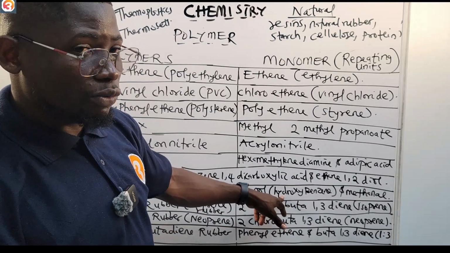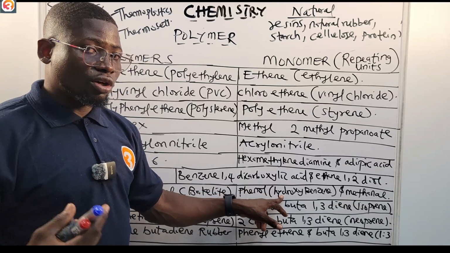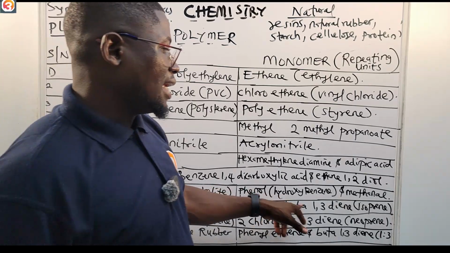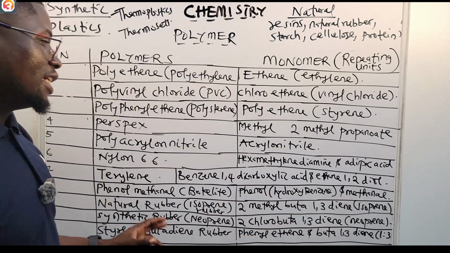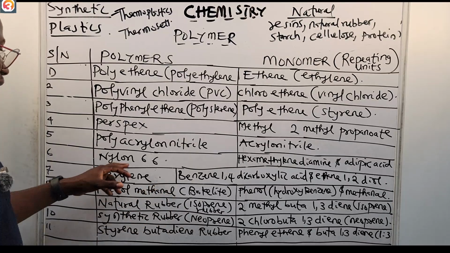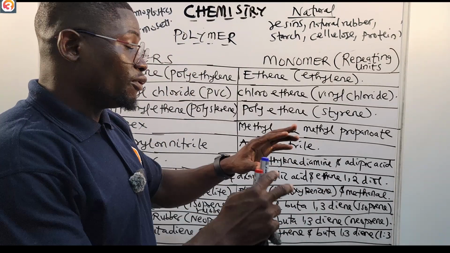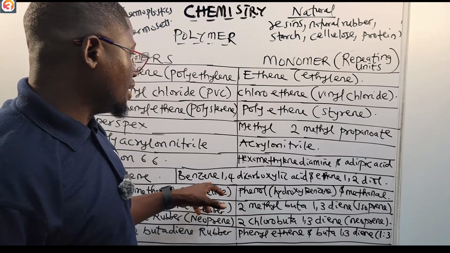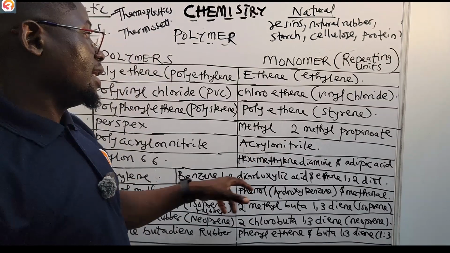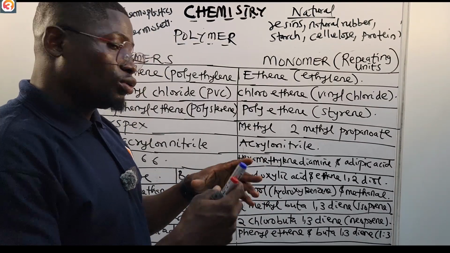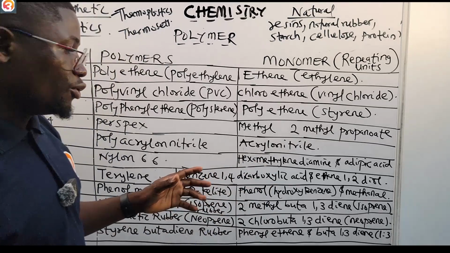We know phenol, right? When we did benzene derivatives, we saw hydroxybenzene. That is our phenol, and methanal. It's a copolymer. Nylon is also a copolymer, made from two different monomers. Terylene is also a copolymer, because it is made from two different monomers.